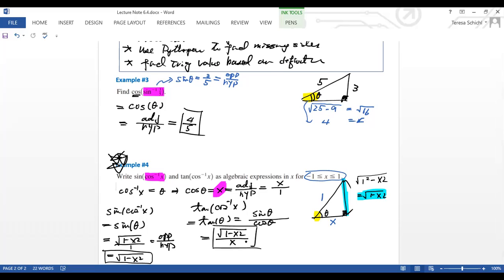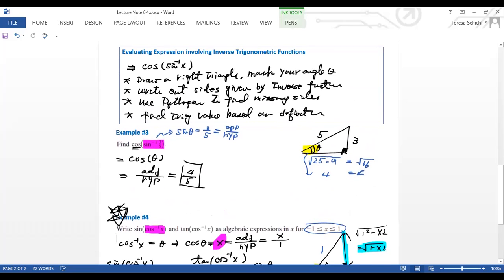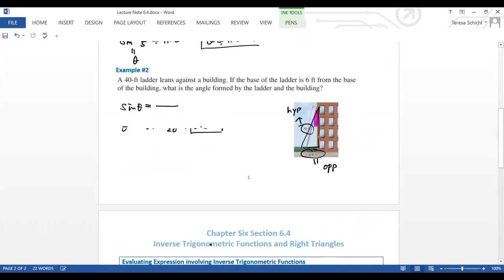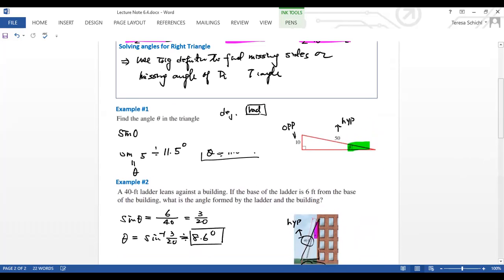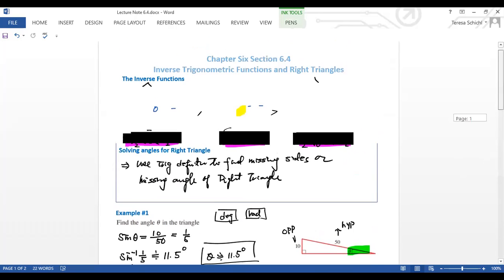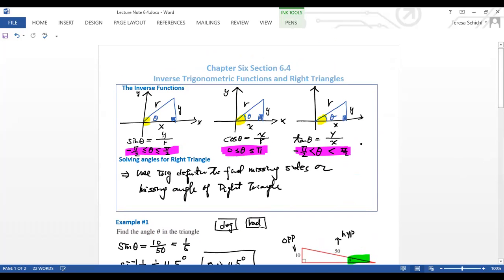So that's it for this section. Like I mentioned when we did chapter 5, the most difficult part is the restricted domains, and when you change back, how do we handle the restricted domain? Here, the restricted domain remains the same, so you can change this from negative 90 to positive 90, 0 to 180.